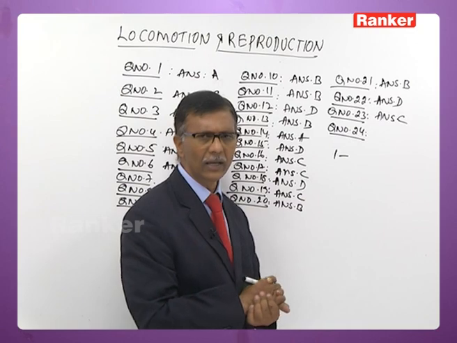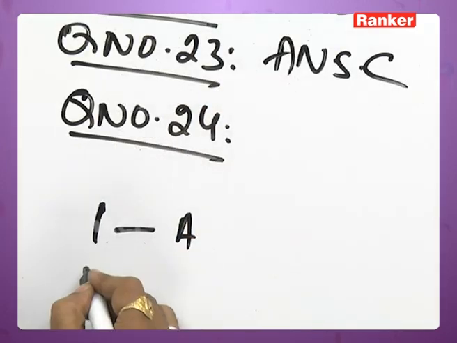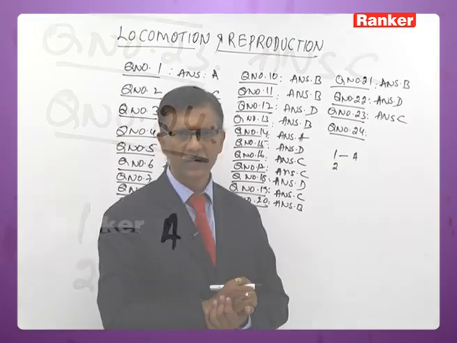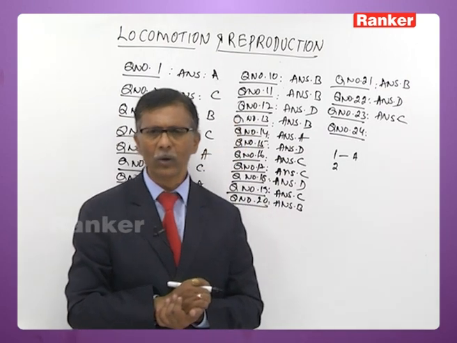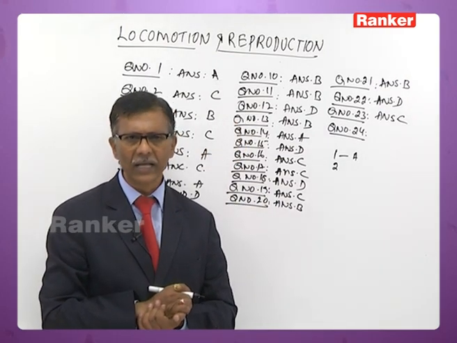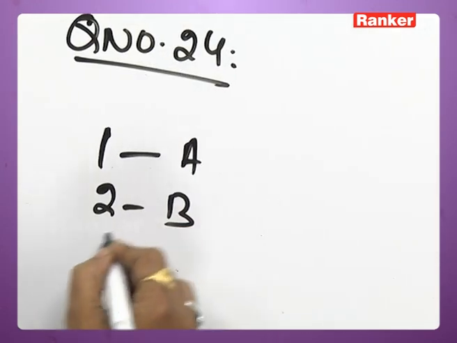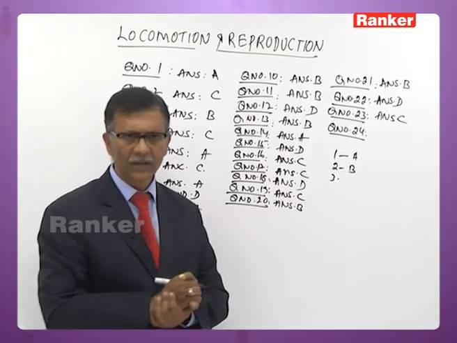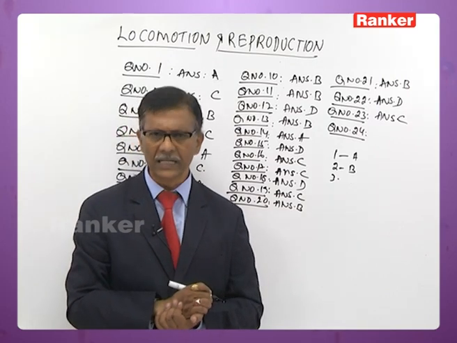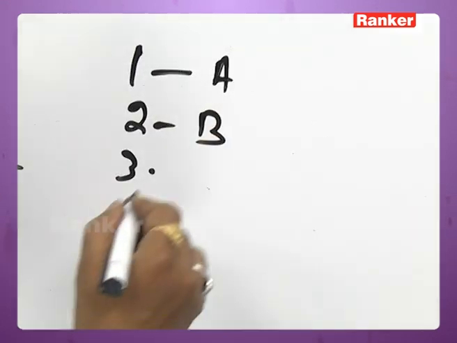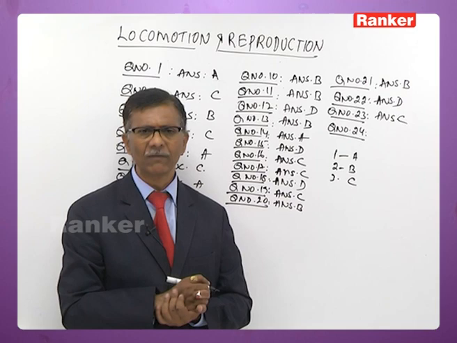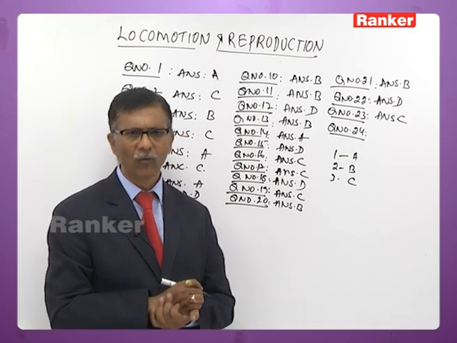So 1A. Then 2, contractile fibrils. Myonemes are usually contractile in nature. So 2B. 3, short hair-like organelles are cilia. So 3C. Then whip-like organelles are flagella, 4D.